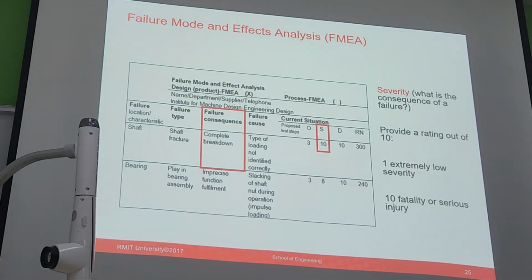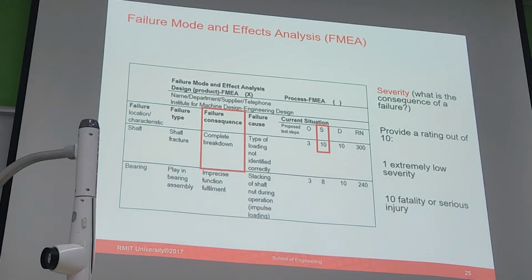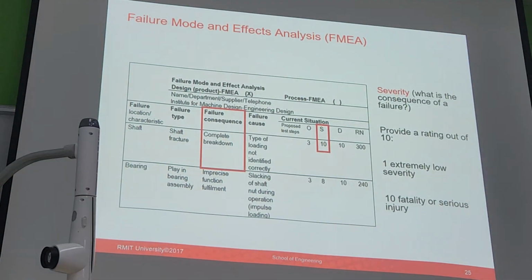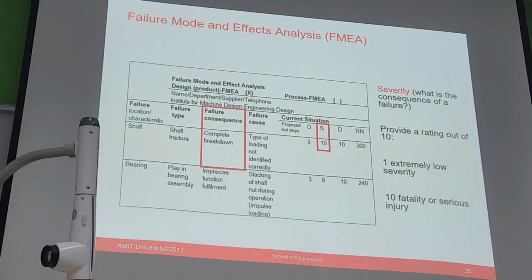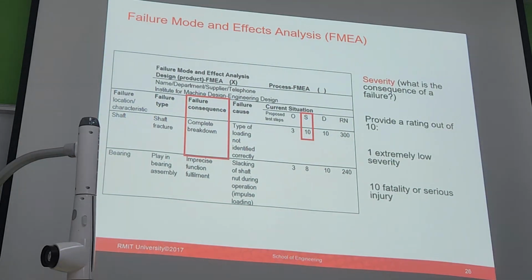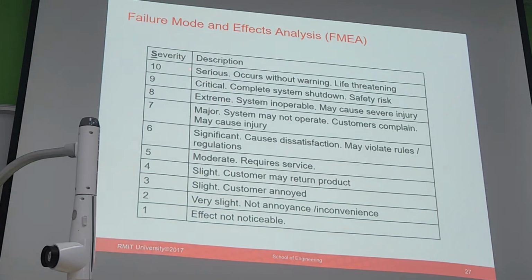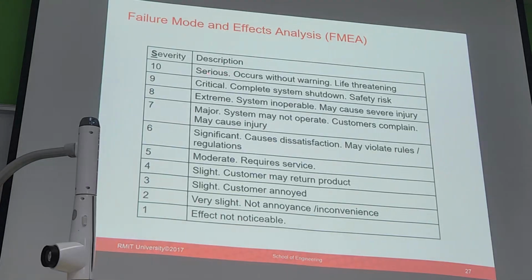And then S. S is severity. Is 10. 10, how much is that? What's the 10? Catastrophe. Is 10, 5, 2. What's the maximum? Is 10. And 10 comes to this severity.